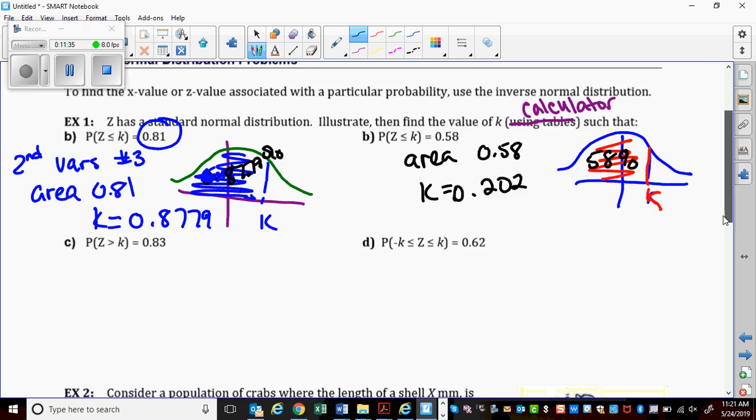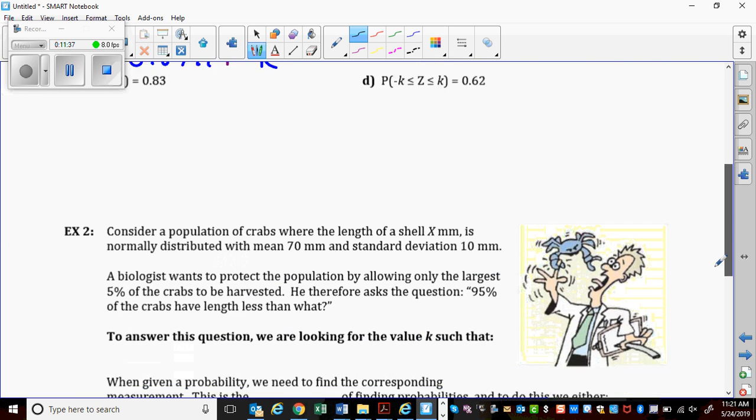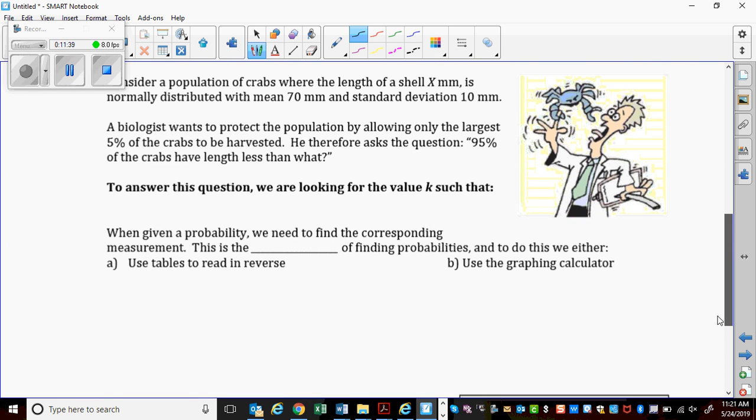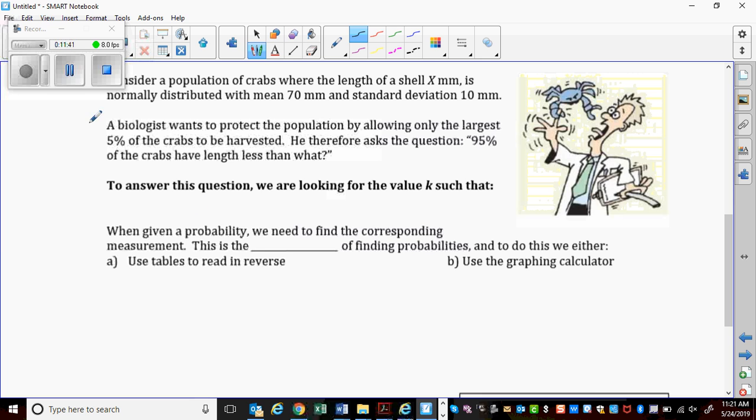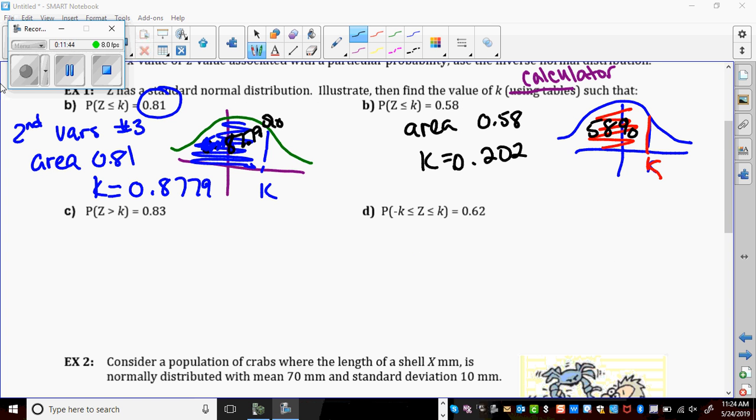Alrighty, I think you guys can try the rest. I actually want to try these for you because these are different. So this one says Z is greater than k. Well, when we plug it into the calculator, we're finding where it's less than k.